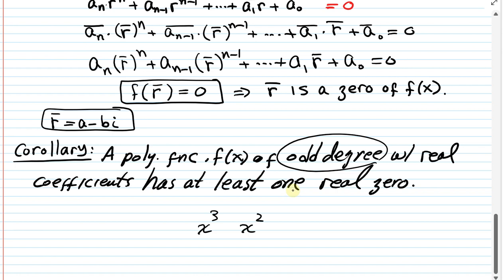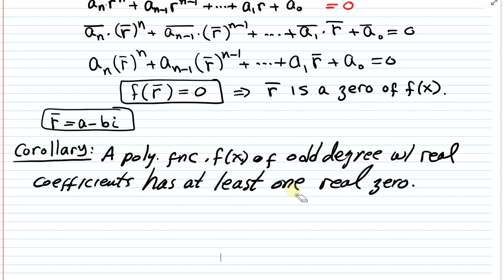Well, odd degrees could be written as x squared times x, right? Well, for a polynomial with even degrees, I could have complex numbers, right? They appear in pairs, the solutions, the 0s, that is. Therefore, that polynomial function will have at least one real 0.